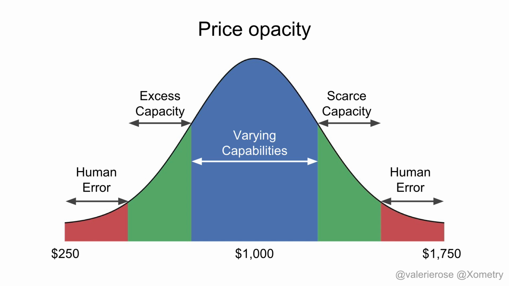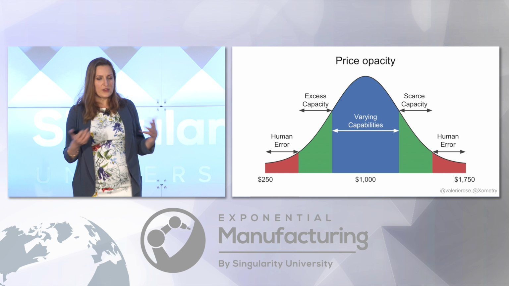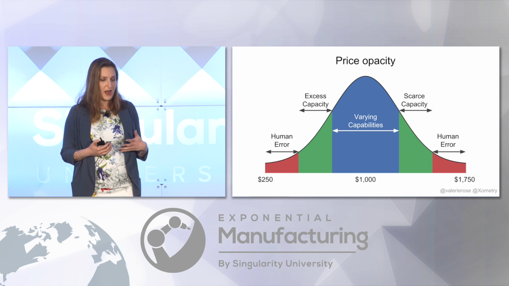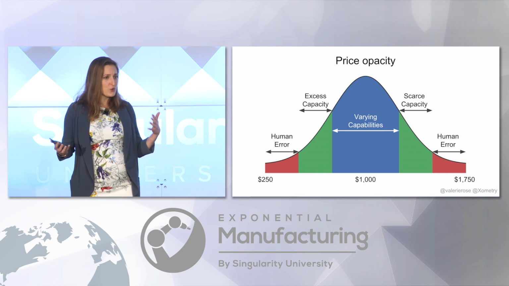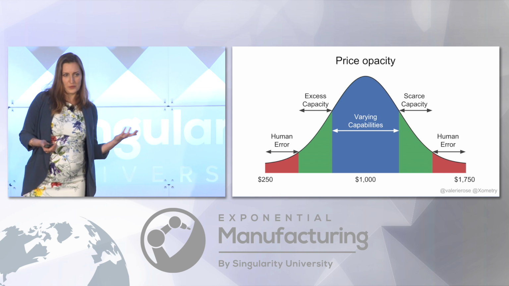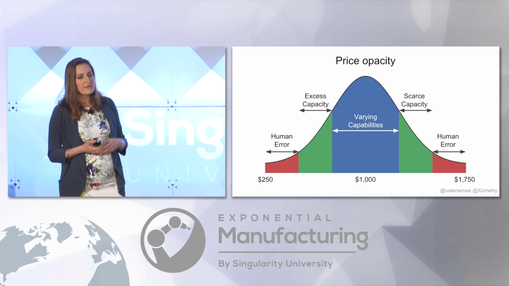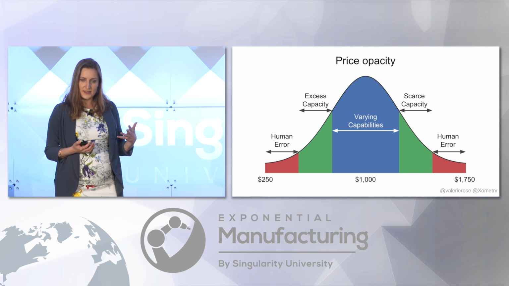And one of the effects for the demand side is price opacity, particularly with technologies like CNC machining. When you get your quotes back from your multiple shops, they could range quite a bit for reasons that might be mysterious at the time. But every shop has varying capabilities.